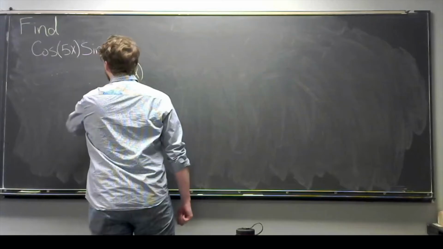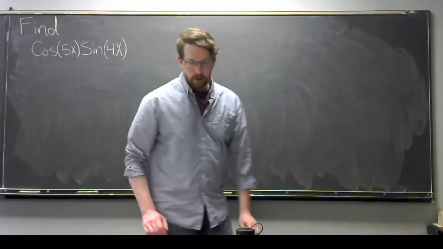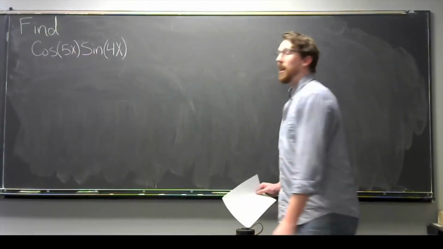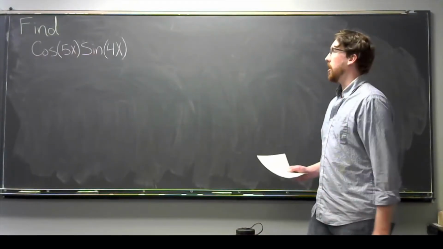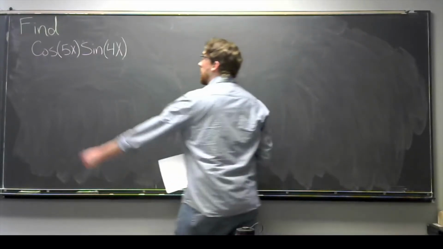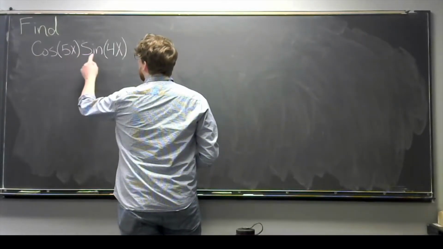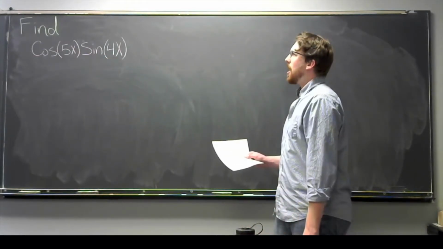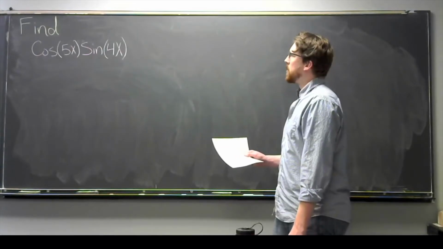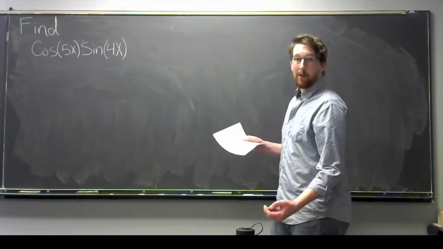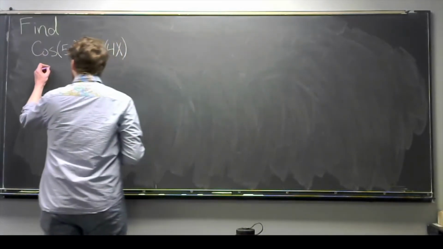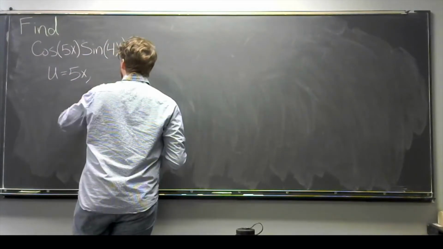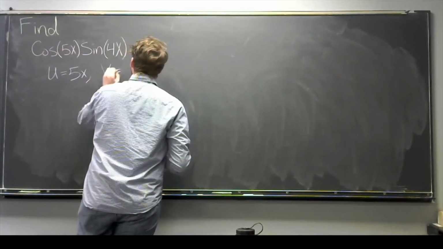Okay, so how are we going to do that? Well, we're going to start by identifying which formula we want to apply. We've got the cosine of 5x times the sine of 4x. Well, I could call 5x u, and I could call 4x v, right? So let's write that down. U is equal to 5x. V is equal to 4x.